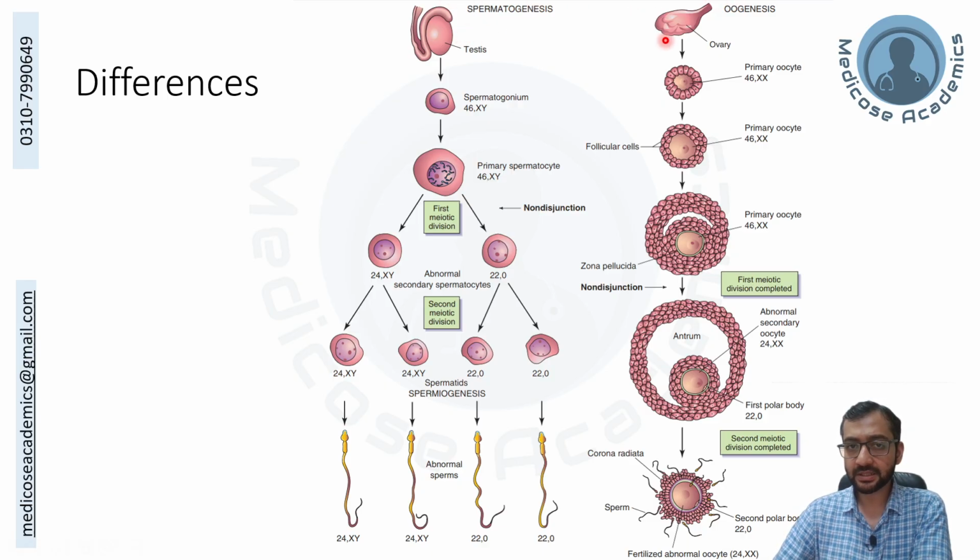Spermatogenesis occurs in the testes and produces spermatogonia, and here the follicle is formed, the counterpart overlapping structure. Primary oocyte and primary spermatocyte are formed. The primary oocyte is formed before puberty, and then meiotic divisions occur continuously after puberty, and it occurs once in a cycle.